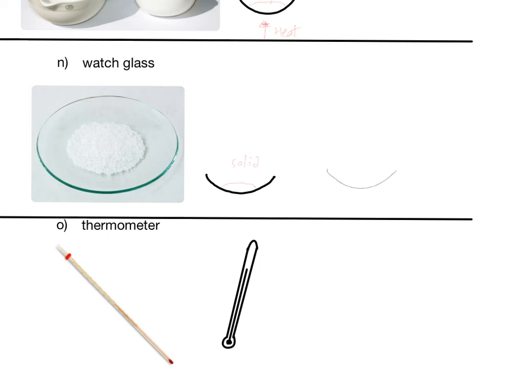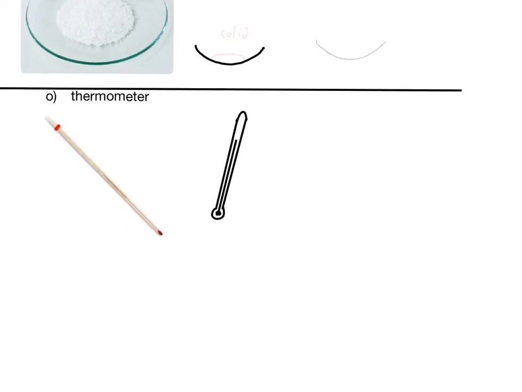And then the last one, thermometer. For the thermometer, indeed you have to use a ruler. First of all, you need a straight line, again a straight line, and another straight line.